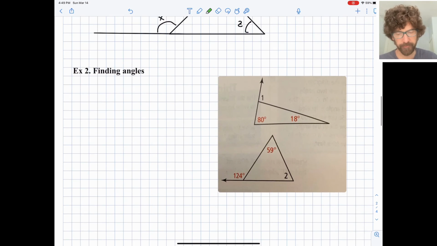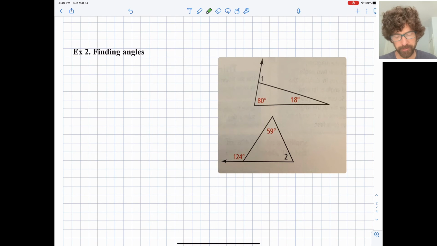So let's use that to find some missing angles in triangles. In this top triangle right here, we know that angle 1 is equal to 80 plus 18, the measure of the two remote interior angles. So the measure of angle 1 is equal to 98 degrees.